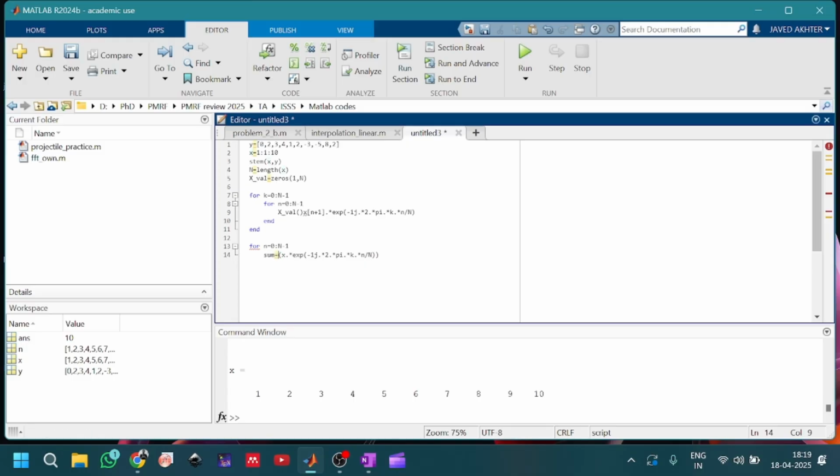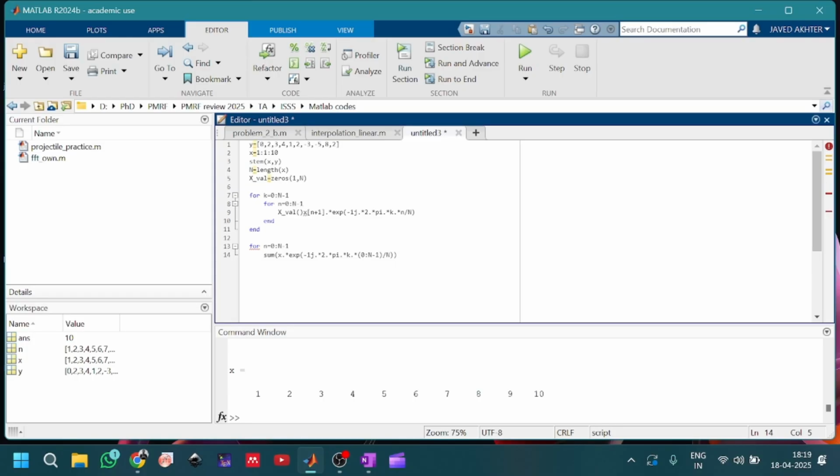And so here you can write n should be from 0 to n minus 1, and this should give you the kth element.